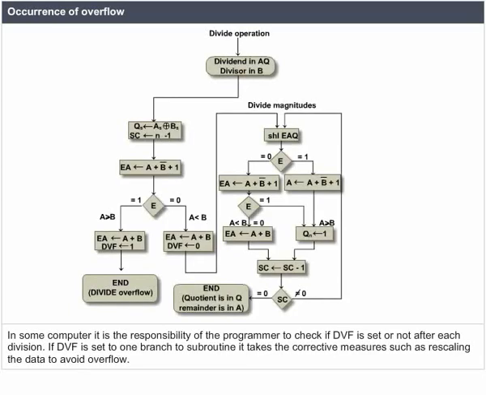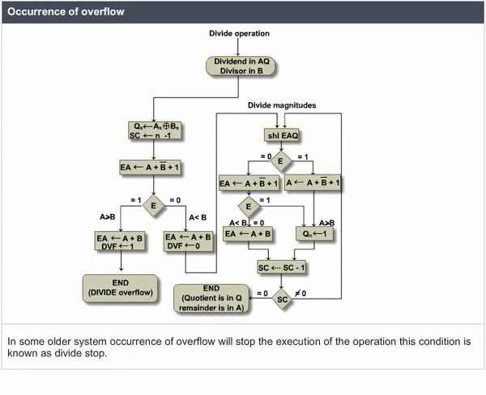Occurrence of overflow. In some computers, it is the responsibility of the programmer to check if DVF is set or not after each division. If DVF is set to one, branch to a subroutine that takes corrective measures such as rescaling the data to avoid overflow. In some older systems, occurrence of overflow will stop the execution of the operation.